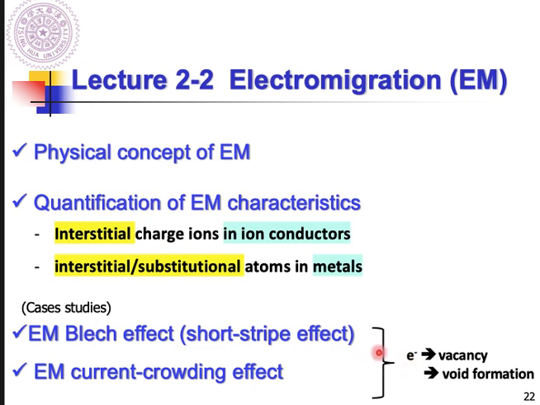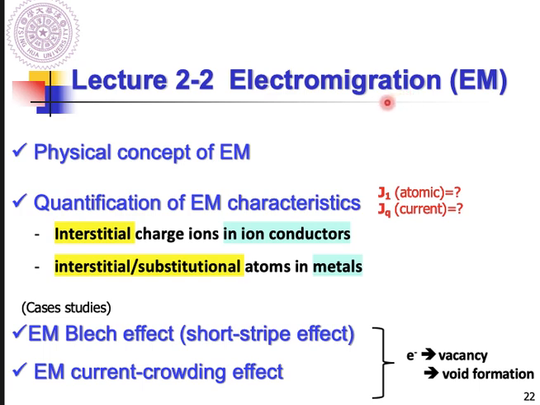In order to understand the mechanism of why EM happens, then you have a chance to overcome or avoid this effect. So this is the purpose why we need to learn electron migration. And here the very important flux you need to pay attention to is, because in this case we have two driving forces, right, in this section.